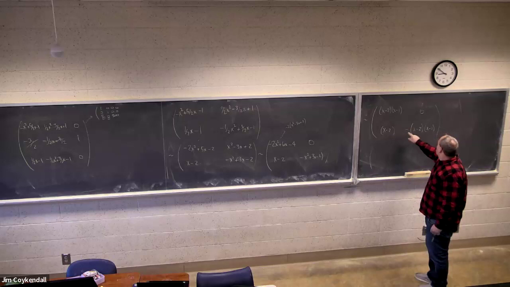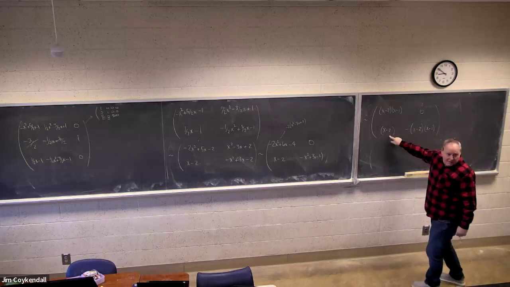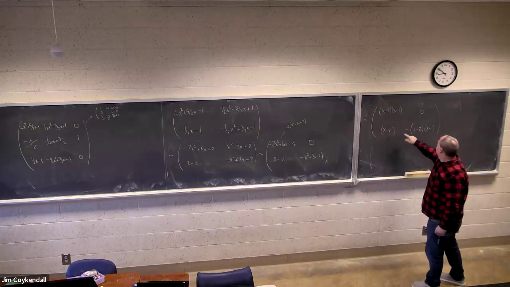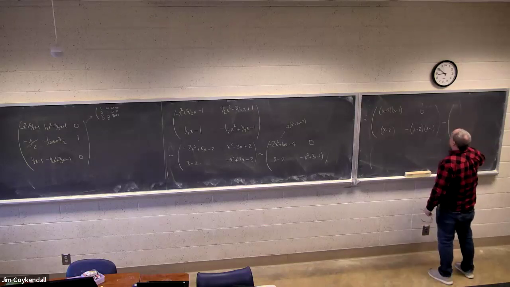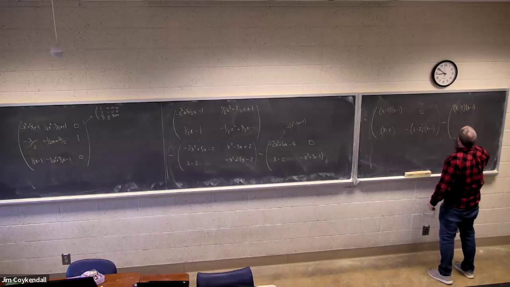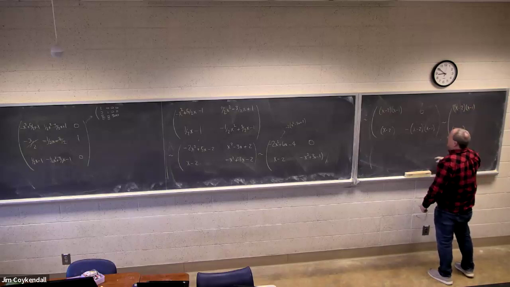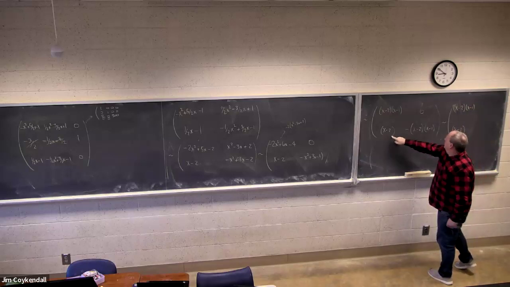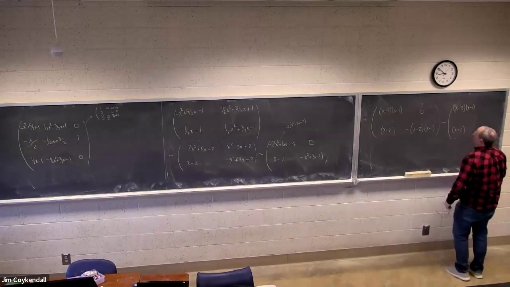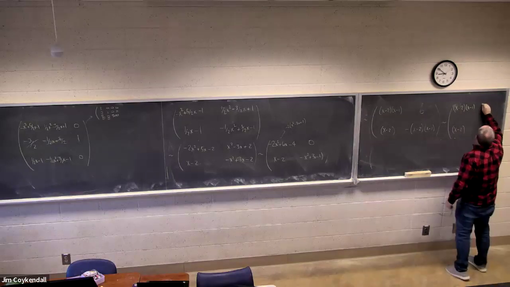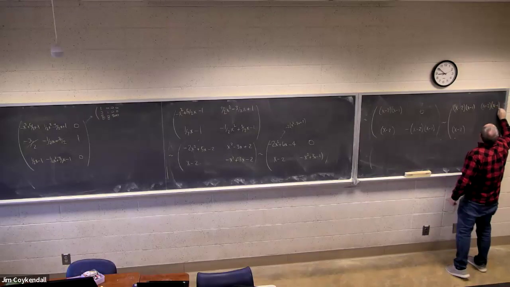Multiply this one by x, multiply this column by x minus 1 and add. So I get x minus 2, x minus 1, x minus 2. Multiply this by x minus 1 and add. And this is x minus 2, x minus 1 squared.